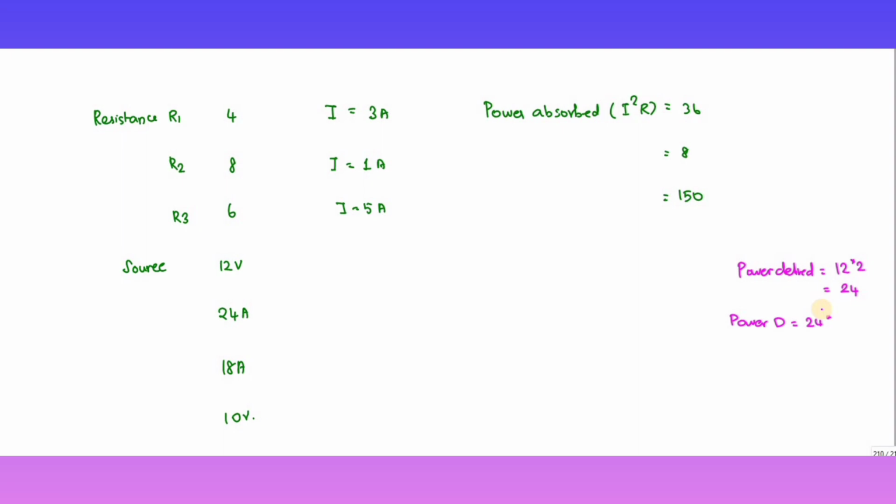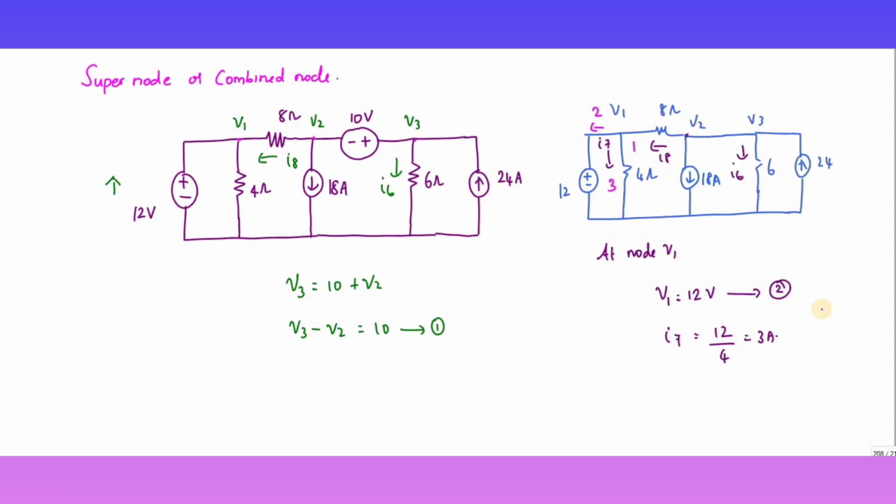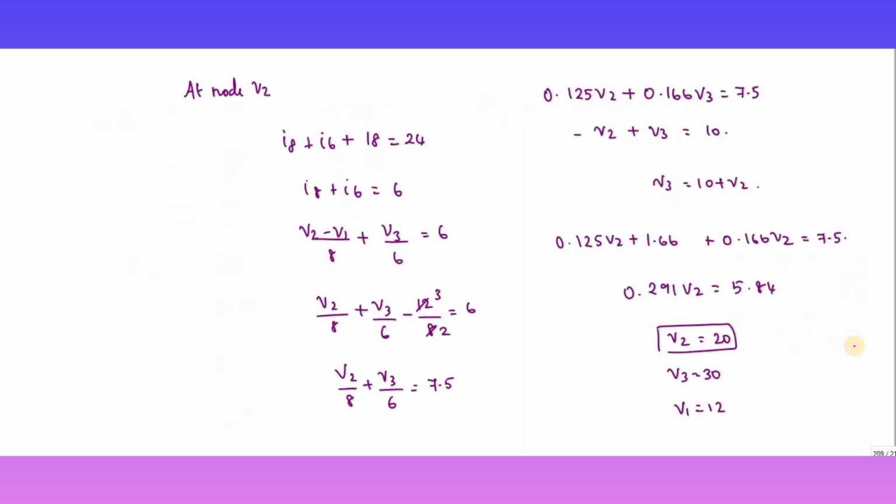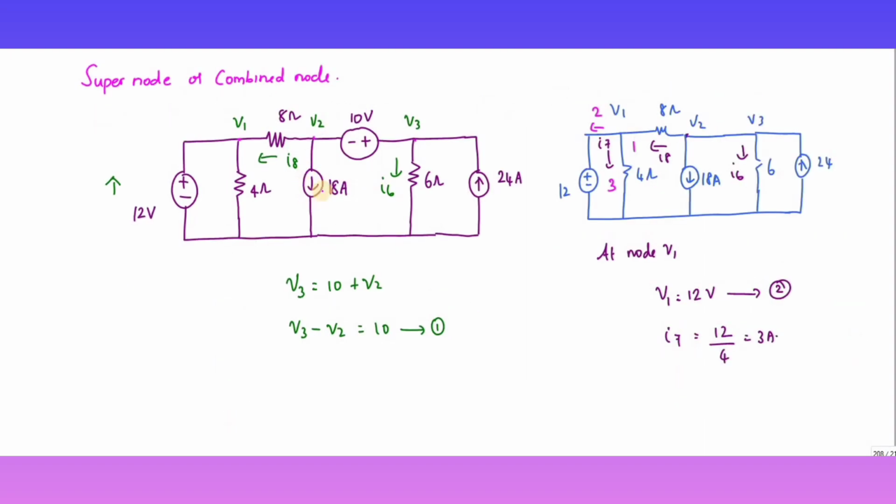What is the voltage across the 24 amp source? That is V3. What is V3 now? V3 is 30. So that is nothing but 720 watts. And you can see the 18 amp source is a power absorbed one.